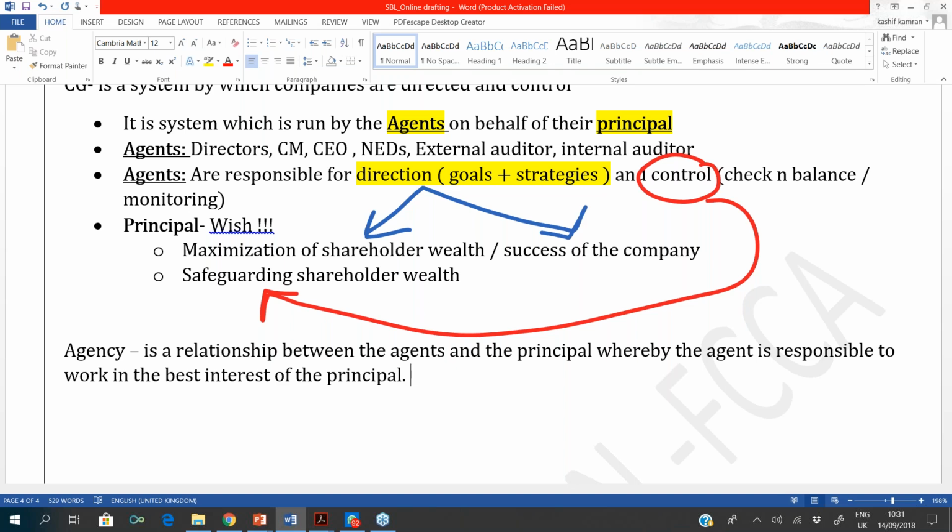Okay, any questions so far before I go back to my presentation? Any questions pertaining to the last 45 minutes where we have resumed the topic known as corporate governance? Any confusions, any misunderstandings, any questions you want to raise before I jump into the next discussion?